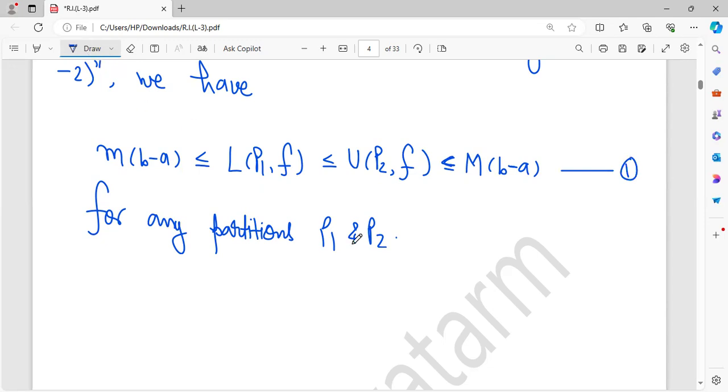Now P1 and P2 are partitions of the closed interval [a, b].